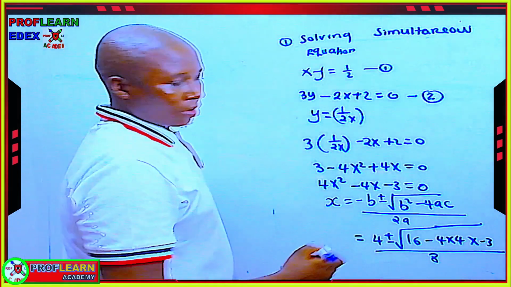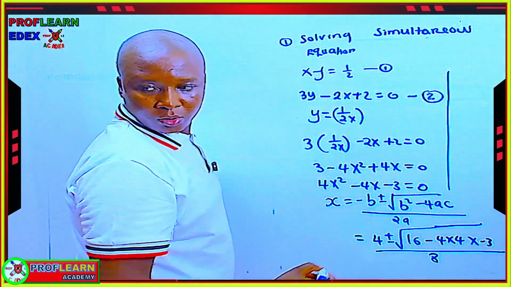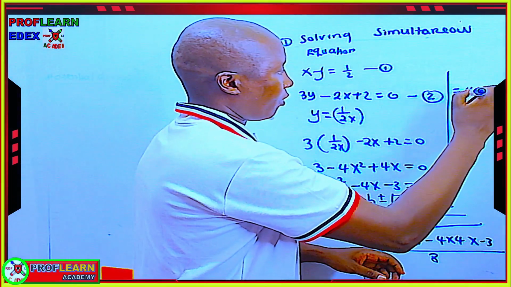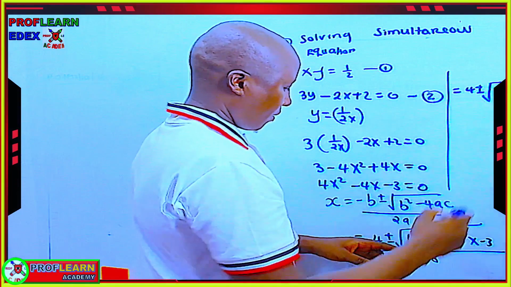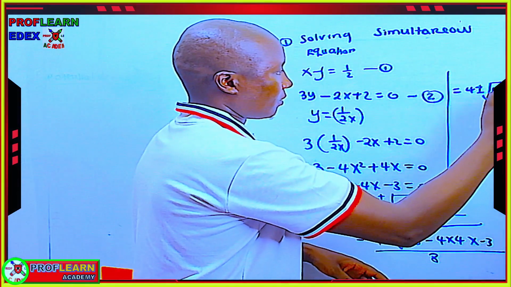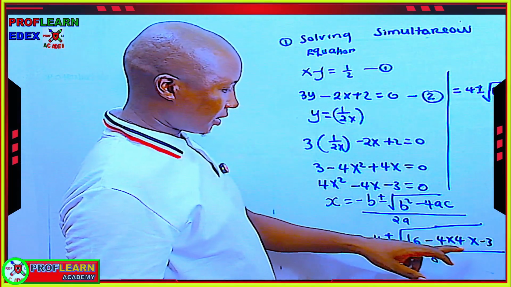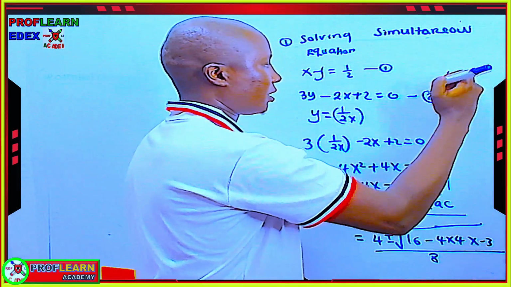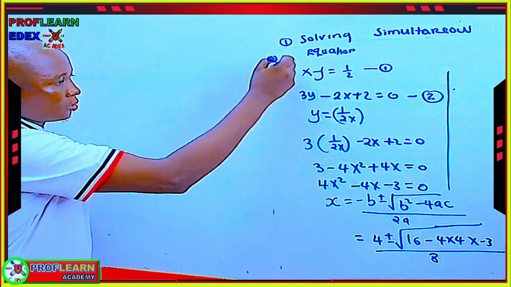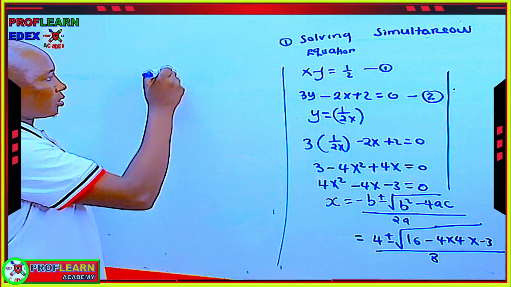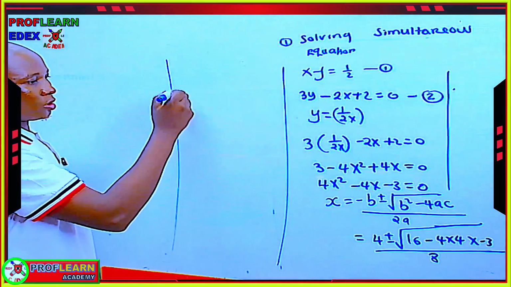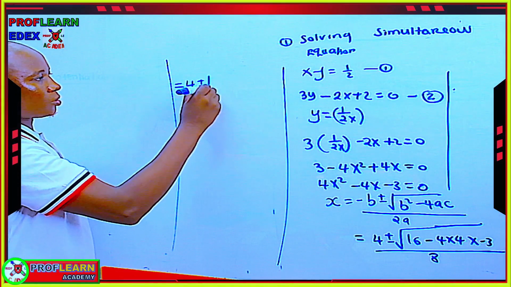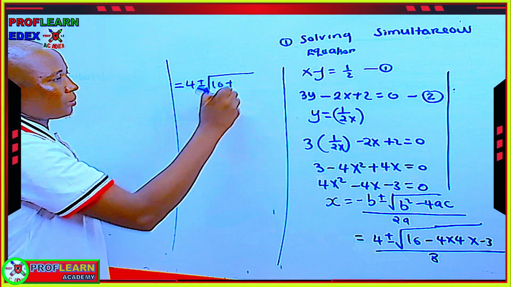So we can solve this. It becomes 4 plus or minus the square root of what? Because this is 16, and then we're going to have plus, because the negative makes it positive. I think this space is not really enough, so I can write here. Part of our solution will be x = 4 plus or minus the square root of 16 plus what?